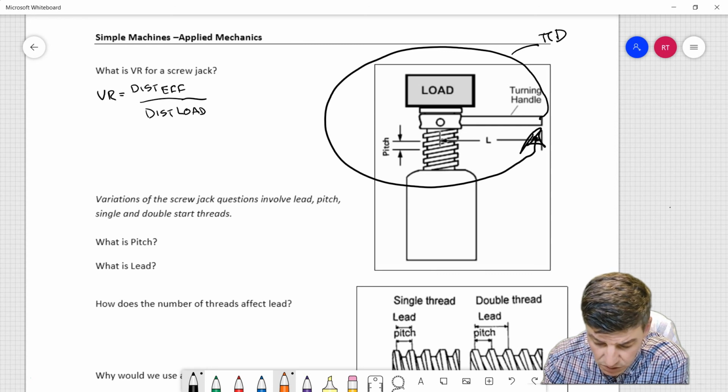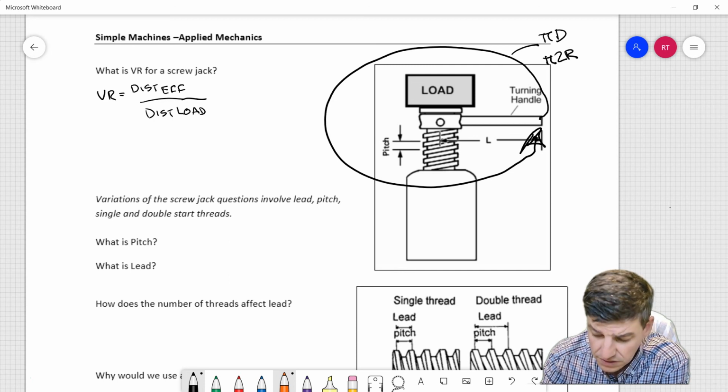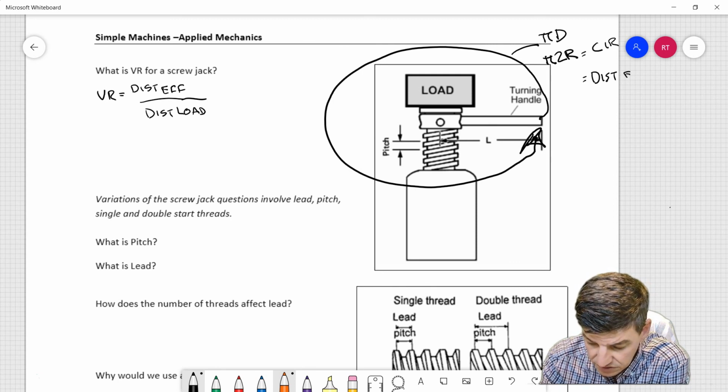However, we usually don't have a d. What we have is some length of handle, which is in fact a radius. So pi times 2 radii would be the circumference, and that would equal the distance that our effort moves.